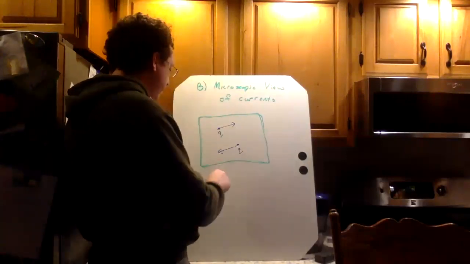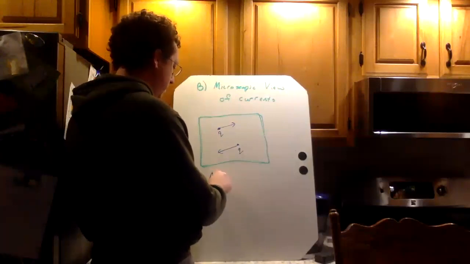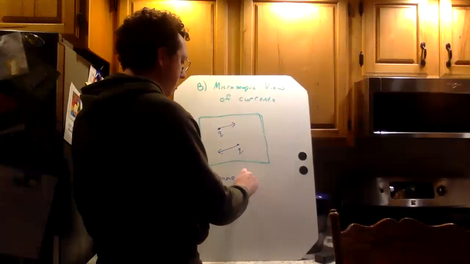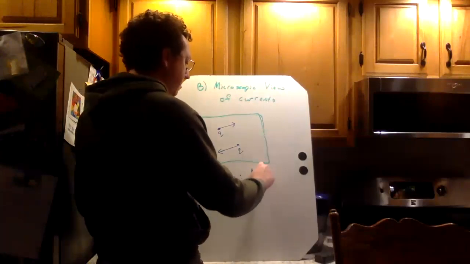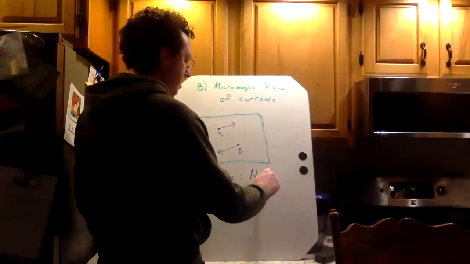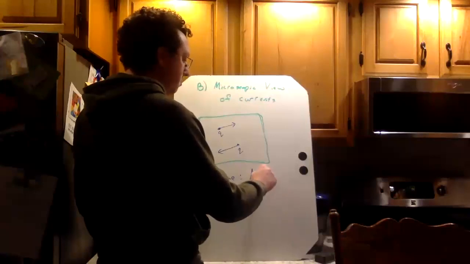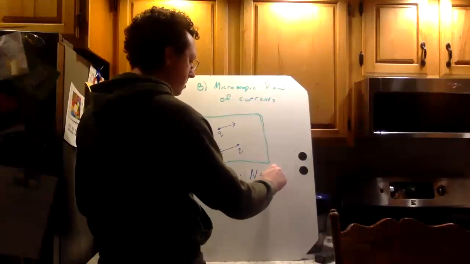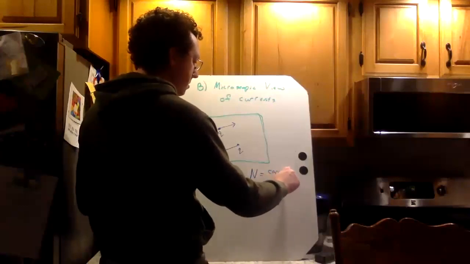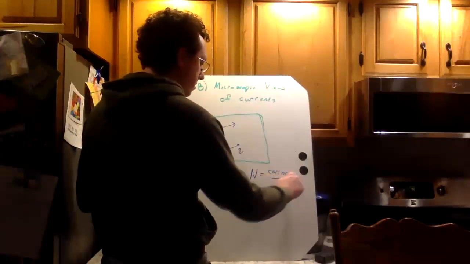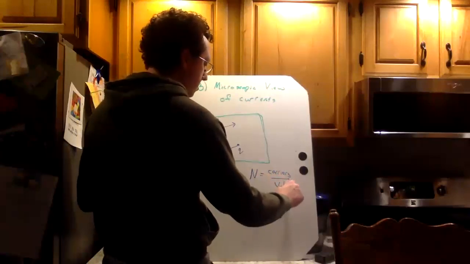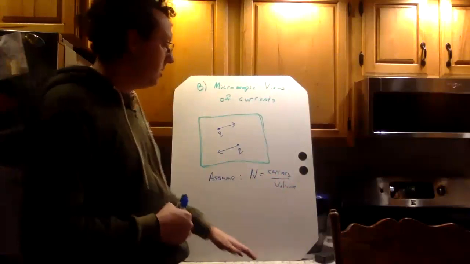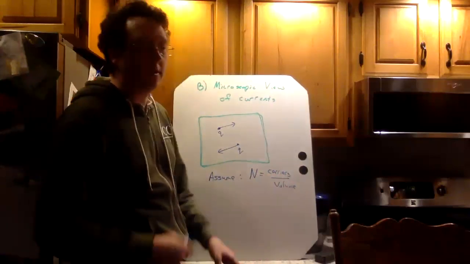We're going to assume there are N carriers per unit volume. So capital N charge carriers per unit volume.